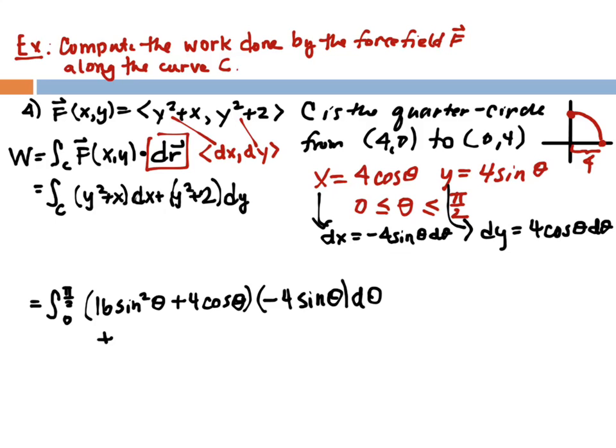And I need this plus, and I have y squared. Well, I already did y squared, so I know that's 16 sine squared theta plus 2. And then times dy, and dy was, where did I write it? 4 cosine theta d theta. Does all that look okay so far?